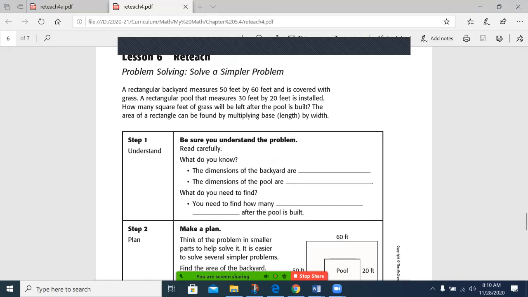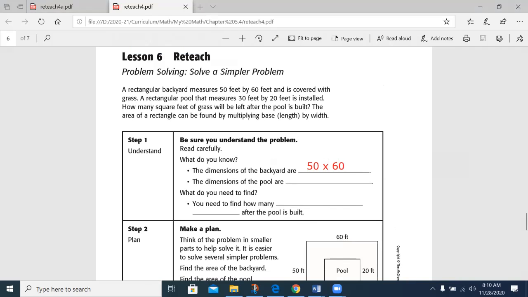We know that it's 50 times 60. The dimensions of the pool, 30 by 20. What do we need to find? How many square feet? The square can be SQ.